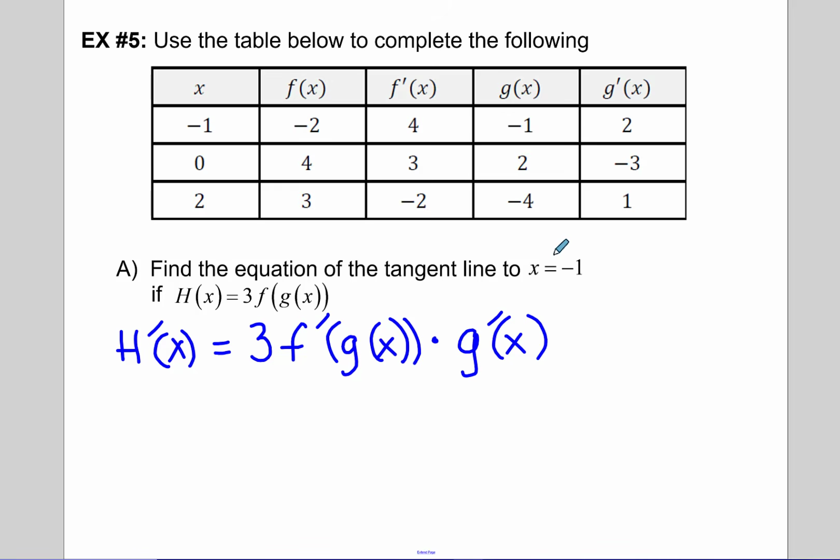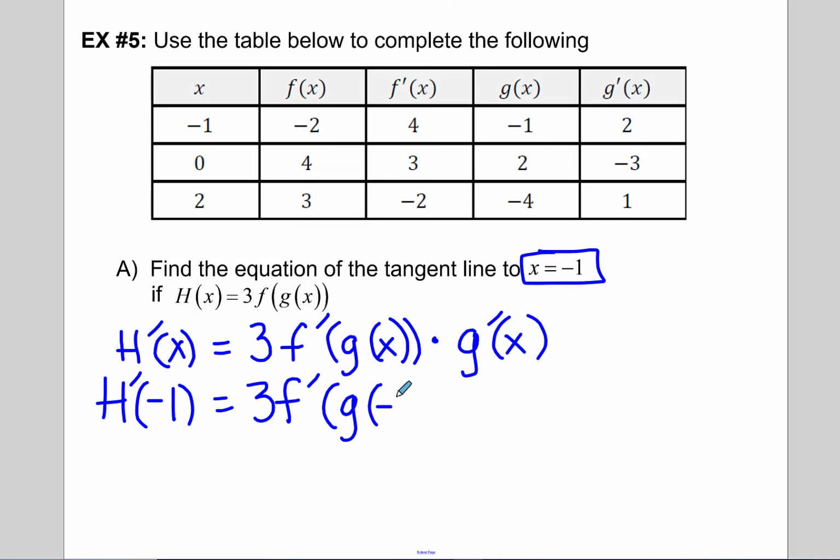And then we want to substitute -1 because we're going to find the equation of the tangent line. So we need a slope for the tangent line at -1 on our composition function. So it looks like I need to figure out what's the g of -1.